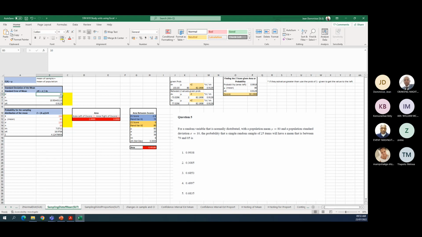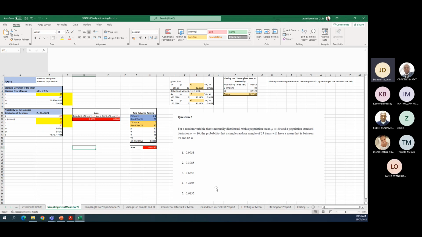So just change it in both, depending on what we're going to work out. Probably need to change it here as well, so that we can just see which one is important.